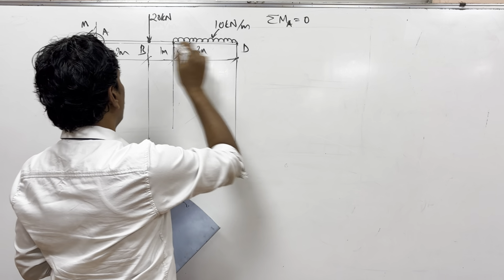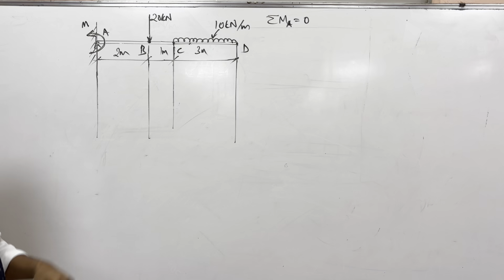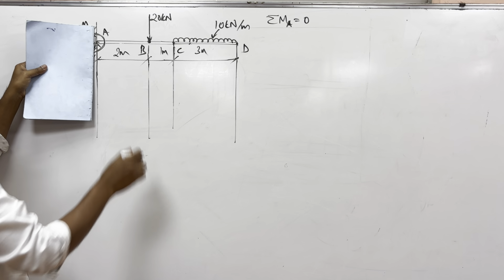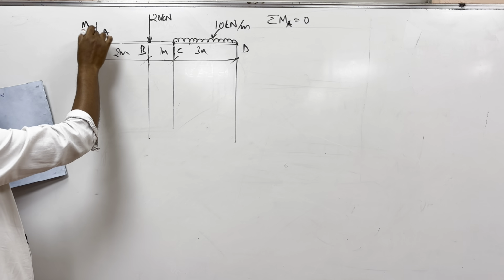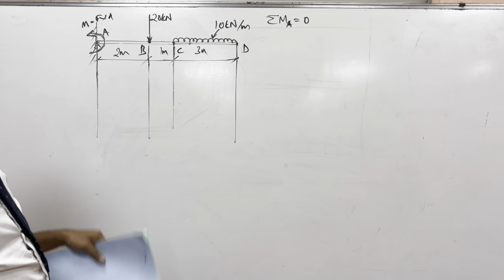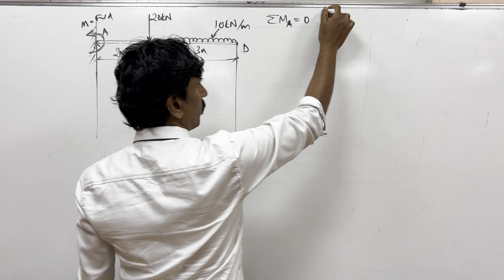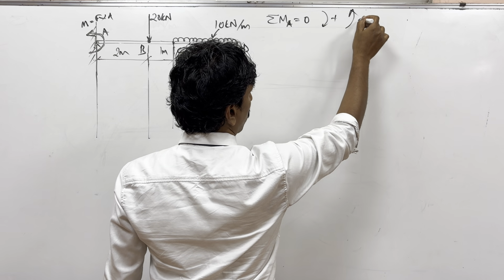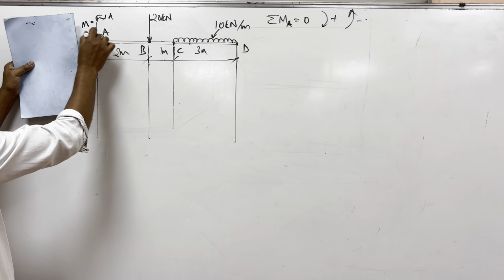There are moments here, one is the moment about A itself. These are the external moments acting. External moments don't need any forces; this is already a moment, while the other is force into distance. We have already seen that clockwise moments can be taken as positive and anti-clockwise moments as negative. So there is one anti-clockwise moment here.